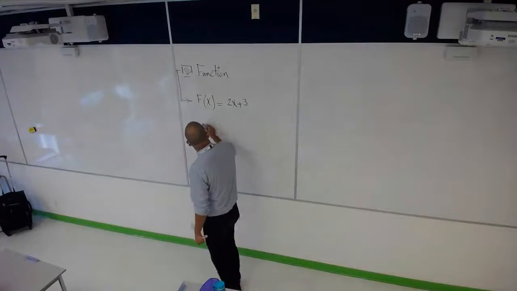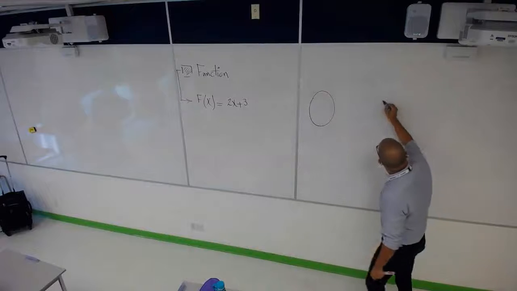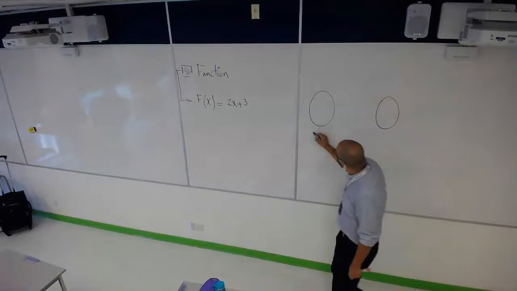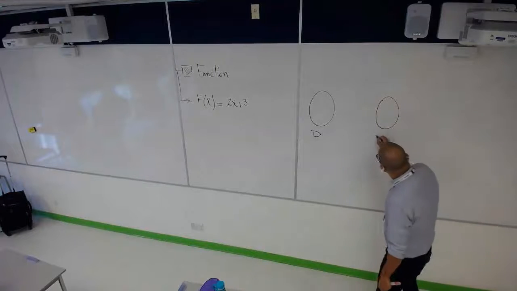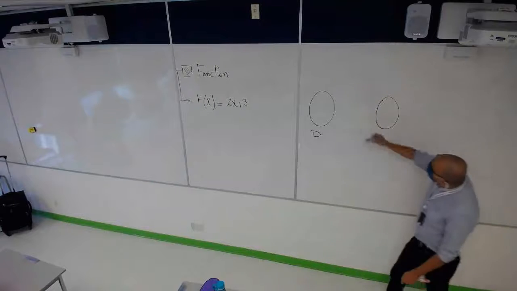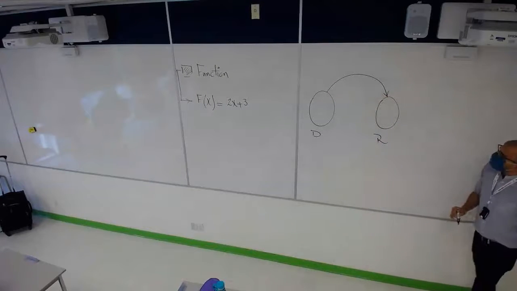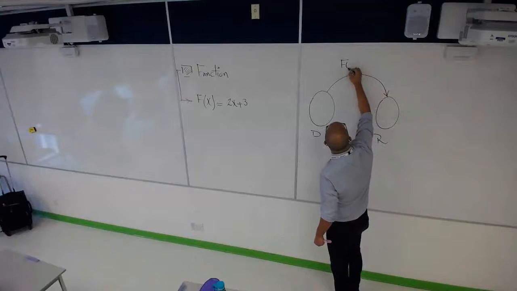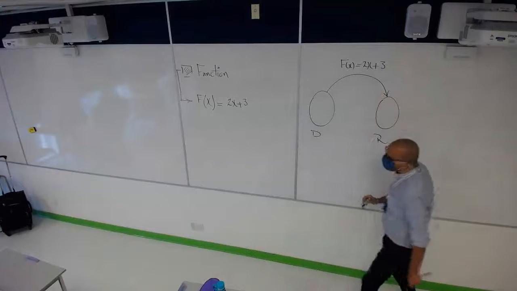We call that the Venn diagram. This is going to be the domain, and this is going to be the range. We had that concept before. When the function is transformed, it's going to be written here: f of x is equal to x plus 3.